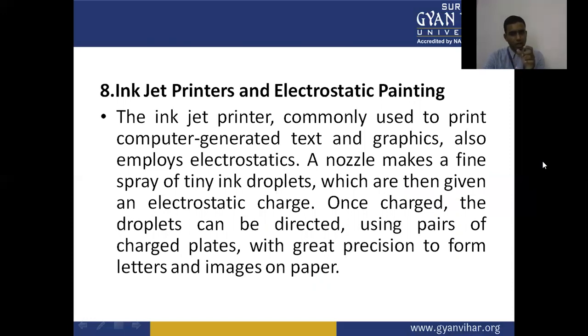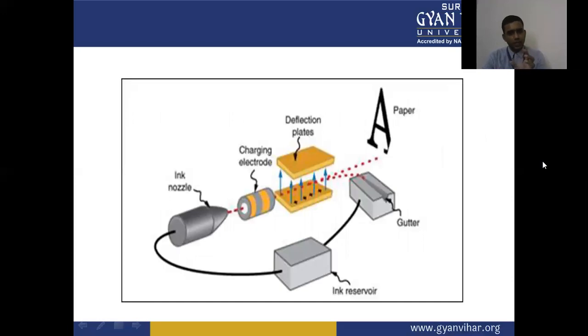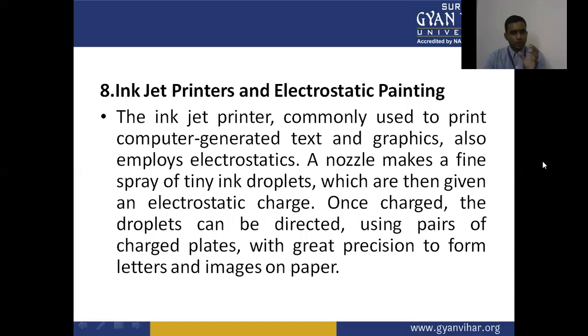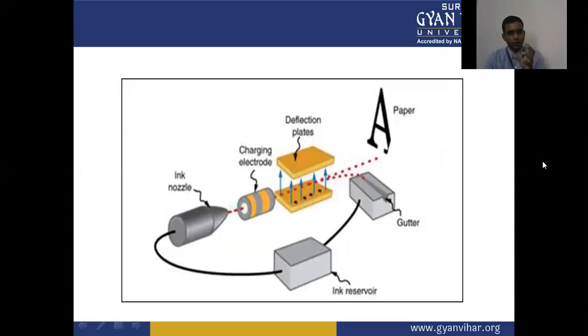Once charged, the droplets can be directed using a pair of charged plates with great precision to form a letter and the image on the paper. So deflection plates and charging electrodes are used. The nozzle produces a fine spray of tiny ink droplets, which are given the electrostatic charge. So the electrostatic gun is producing charges.